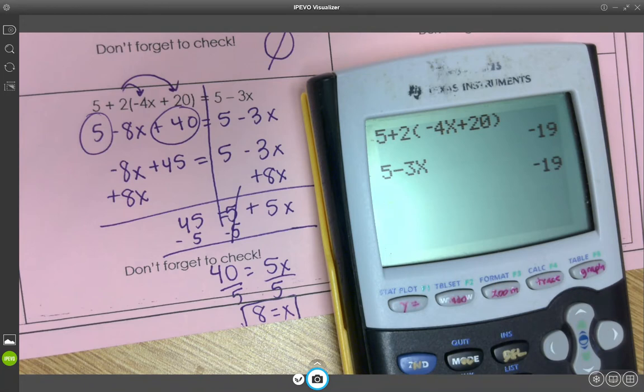Second click. Now do 8. Store. Now put this in the left side.